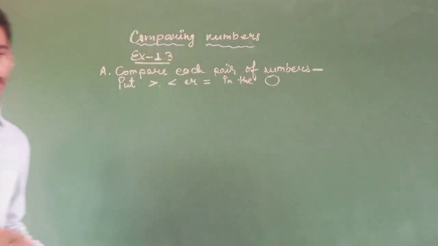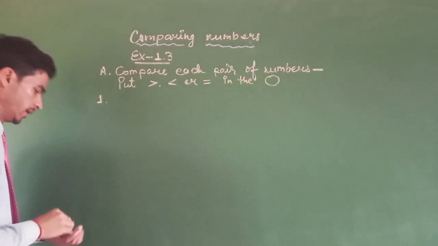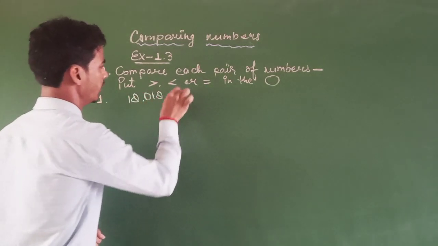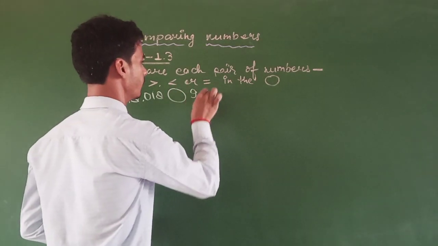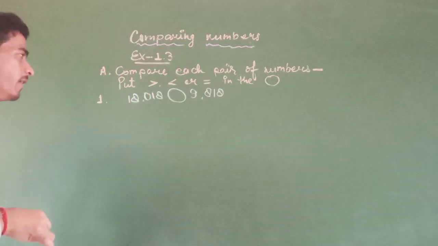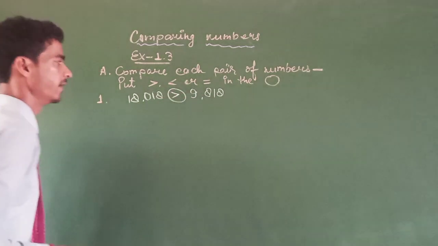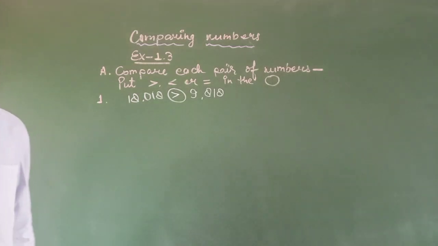Now listen carefully. The first question is 18,018 and 9,880. Firstly we have to compare the number of digits. There are 5 digits and 4 digits. So 18,018 is greater than 9,880.